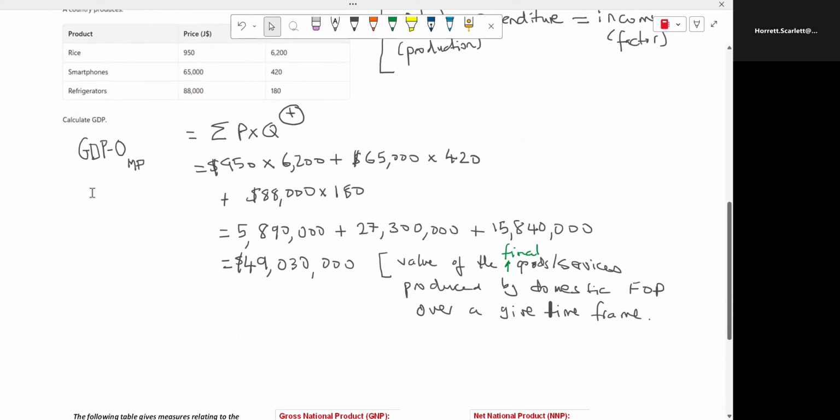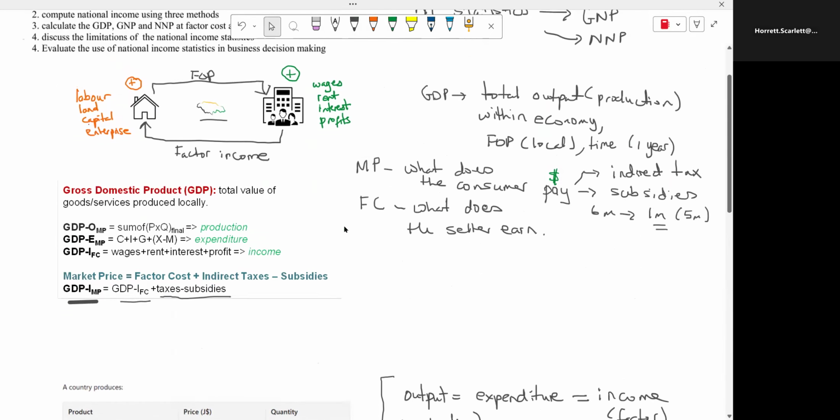So this is GDP, and remember that is at the market price. Whenever we are dealing with prices in whatever shape or form, then we are looking at market price. And just to reiterate, market price can be adjusted based on the indirect taxes as well as the subsidies.